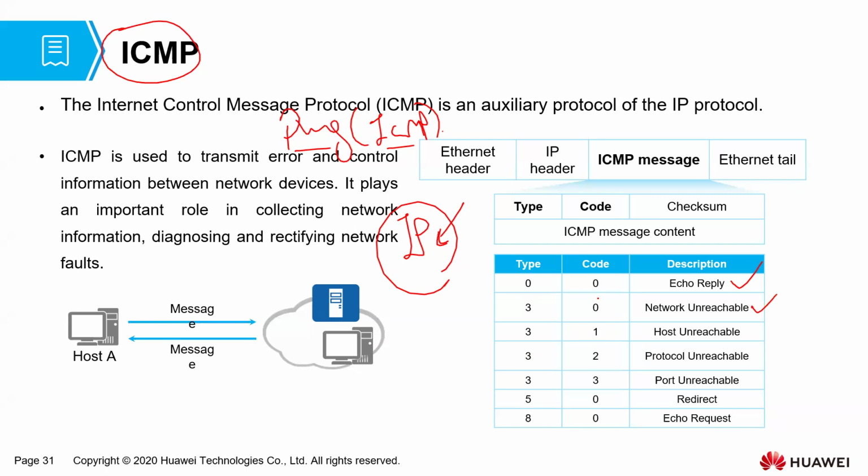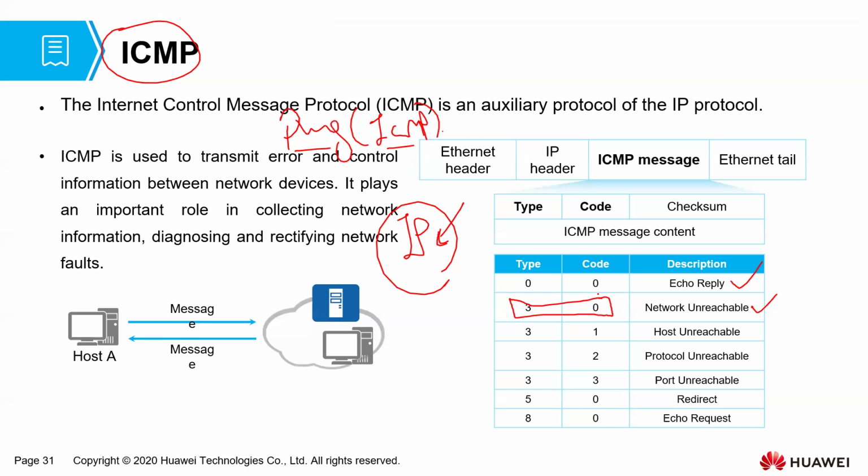If you get a code like this, it basically means the network is unreachable. The network is not on the routing table. Host unreachable: the network is reachable, but the host is not. Protocol unreachable: the host is reachable, but the protocol we are trying to communicate with is not on the host. Port unreachable: I reached the host, the protocol is there, but the port we need to reach is not available.